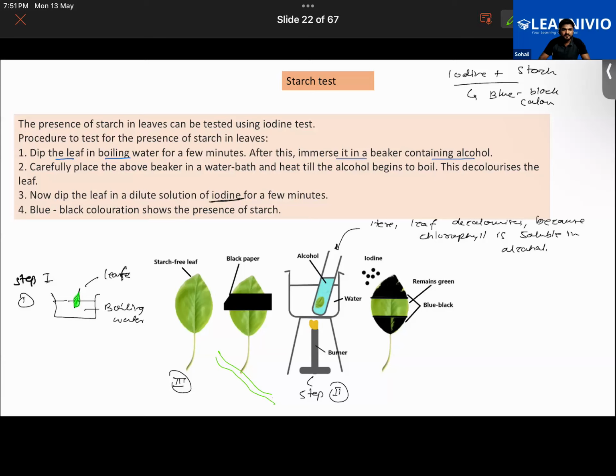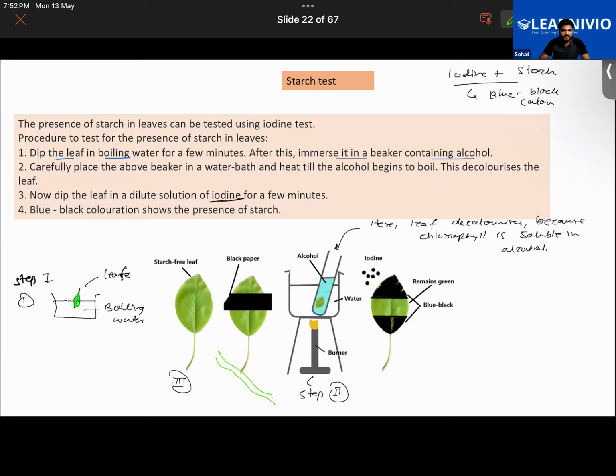So sir, it turns blue black in color, indicating it has starch in it. So sir, when we put iodine on the leaf, it changes its color to blue black to show that it contains starch. And sir, the part which remains green did not perform photosynthesis, hence it doesn't contain starch.